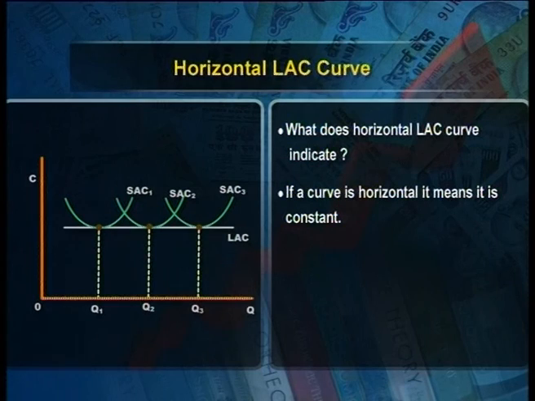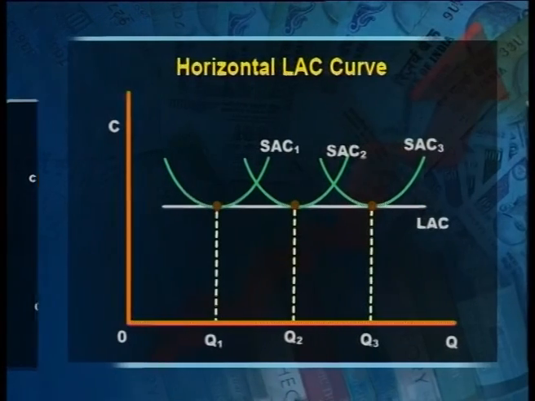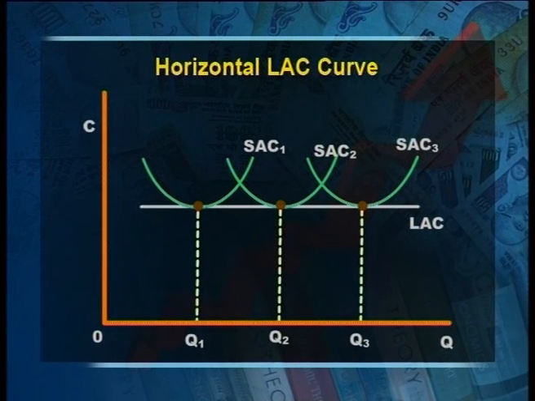Just to recall, if a curve is horizontal, it means it is constant. From that, we can infer that the firm or industry involved in the process of production is experiencing constant returns to scale. Let's look at this graph to understand what this horizontal LAC means to us.